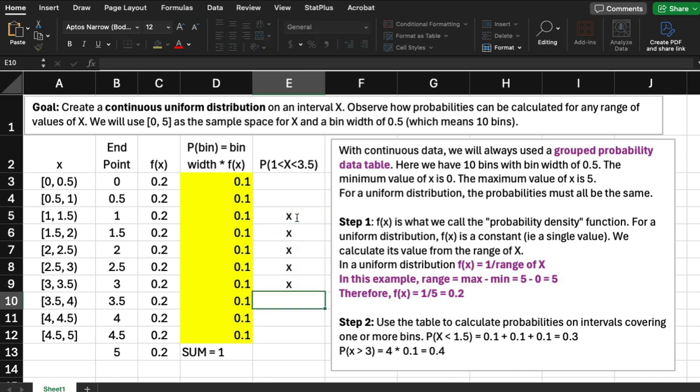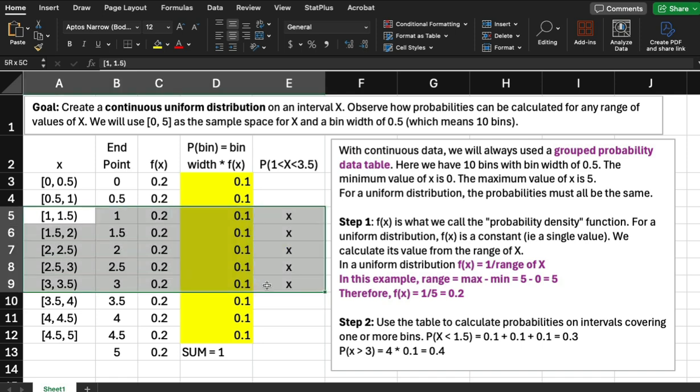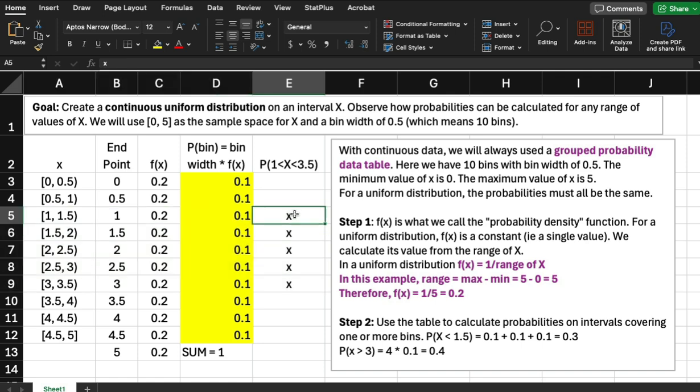Those are the bins that start at x equals 1 and go all the way up to 3.5. So count the number of x's that we have. There's 1, 2, 3, 4, 5 of those. So 5 times 0.1 would be 0.5. So the answer to that probability question would be 0.5.